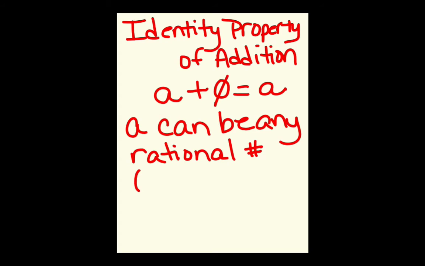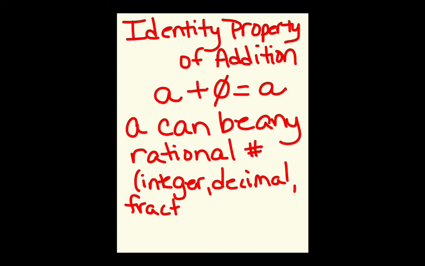That means it can be an integer, a decimal, a fraction, a whole number. It doesn't matter. They all work. If you add 0 to any number, it will always be the same.